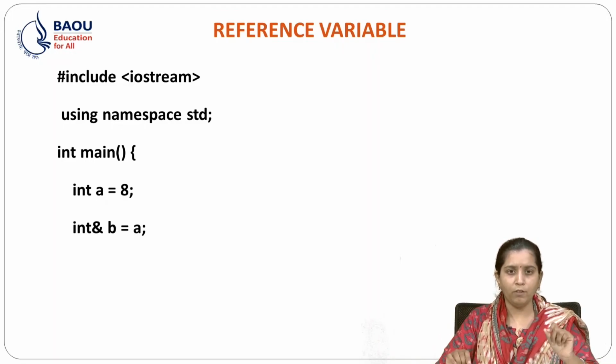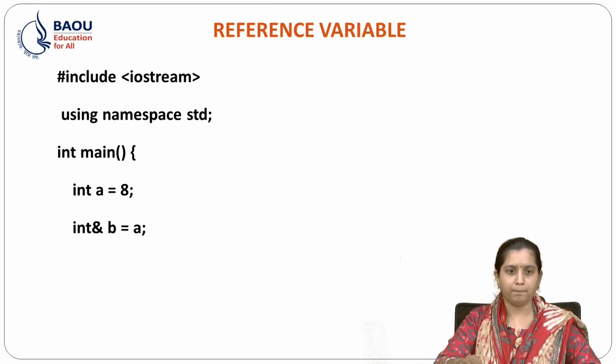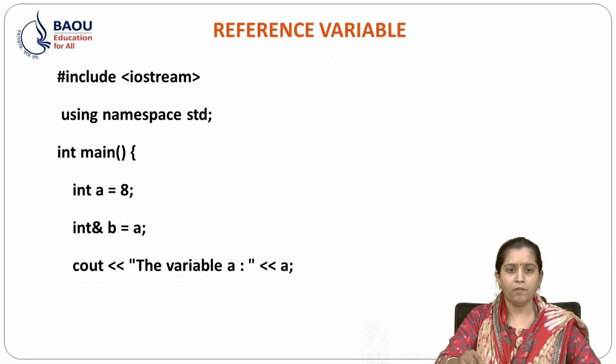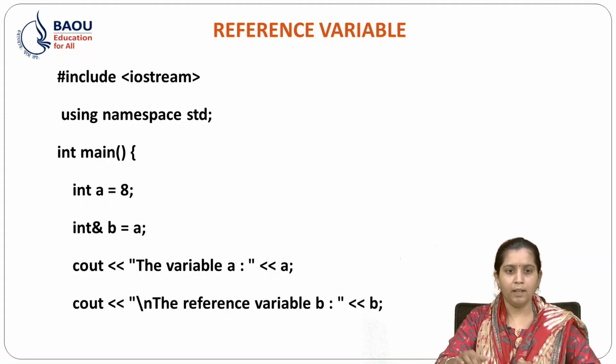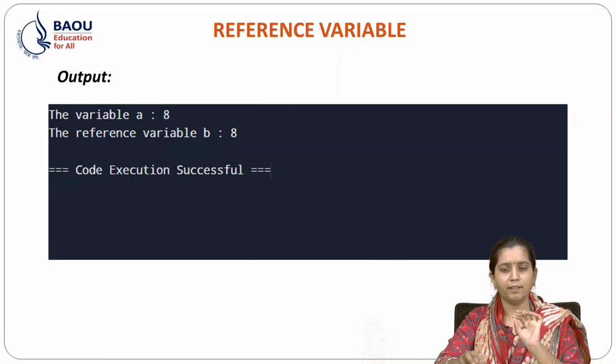Here, what we have done is we have declared a reference variable b in the program, and then simply we will display variable a and reference variable b, and what we will get is the value of a is 8 and the reference variable b is also 8.